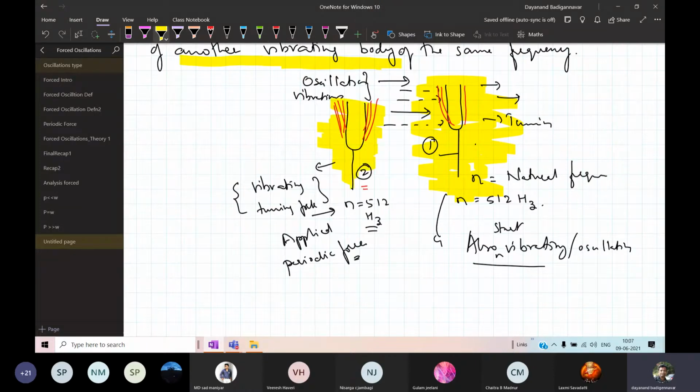You are getting the point. The first tuning fork will vibrate only when its frequency is the same as the frequency of the second tuning fork.